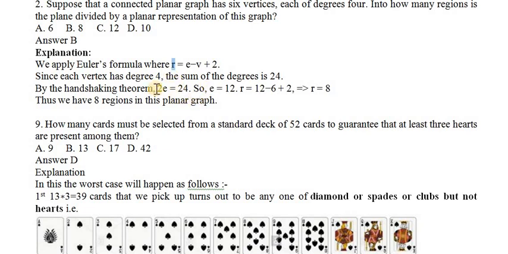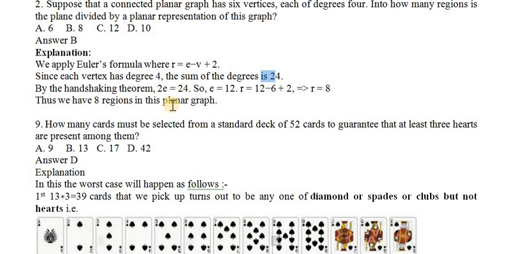So here first we need to know one more formula. If you have any planar graph, we need to know the sum of the degrees. Now they say there are 6 vertices, each vertex having degree 4, which means 6 into 4, which is nothing but 24.